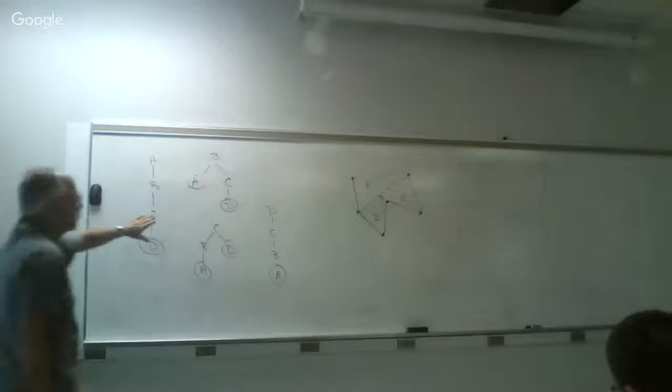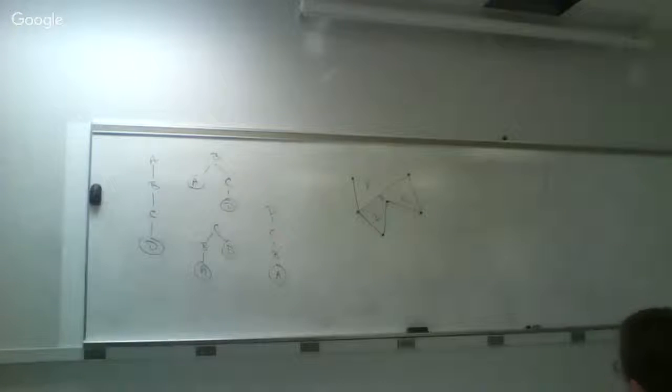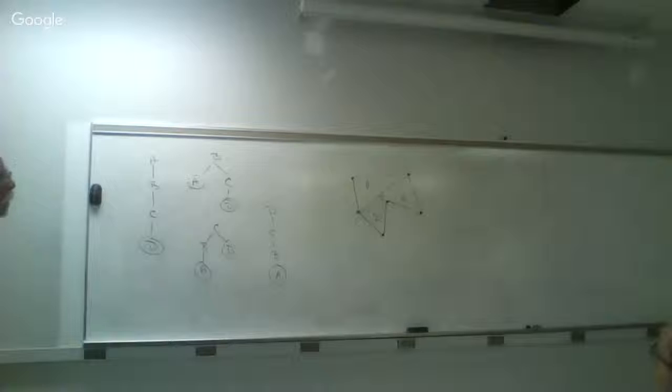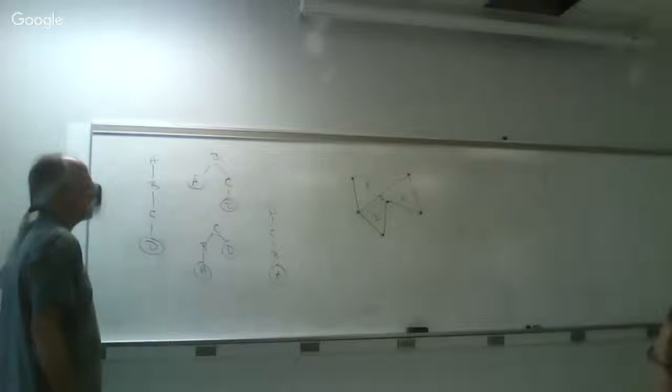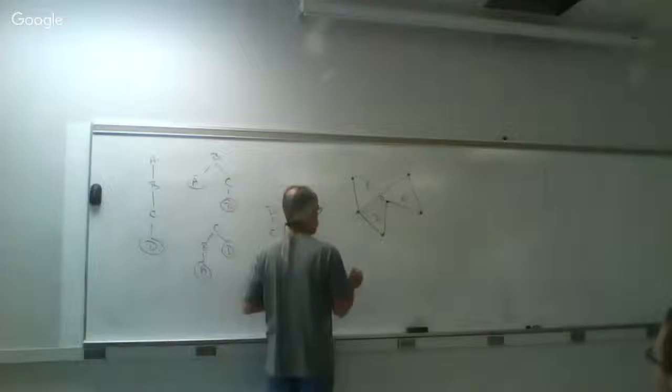So in the triangulation that led to this tree over here, the most triangles that any one triangle was adjacent to was 2, and it was B and C that were adjacent to 2 triangles. Triangles have 3 sides, so potentially there's 3 sides that could be adjacent, and B is exactly one of those guys.